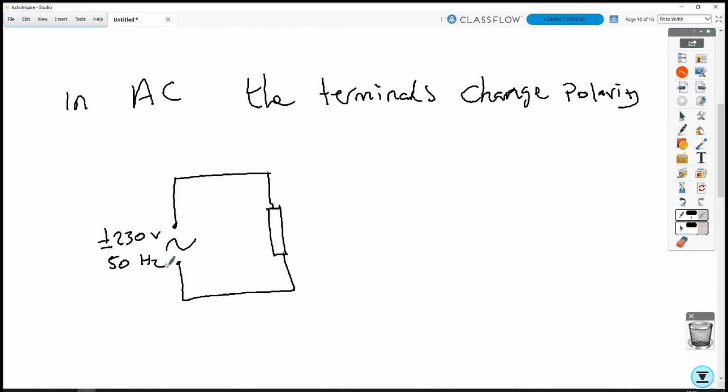Okay, so let's recall back to last lesson. If we're inducing an EMF using a rotating coil or a rotating magnet, we wrote down the equation that EMF was equal to BANω sin ωt. Now BANω, well, they're all constants. Flux density is a constant.